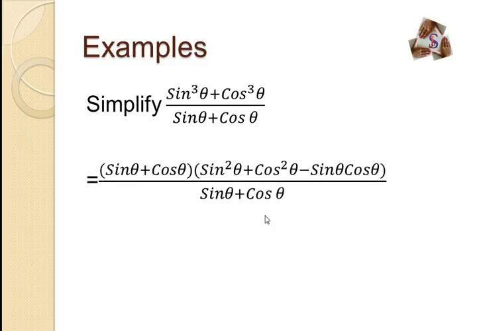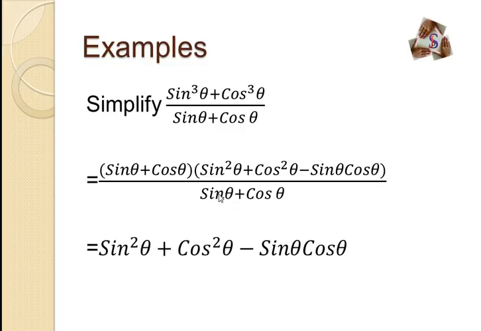The first thing that I do here is apply the formula for a cube plus b cube, which is equal to a plus b into a square plus b square minus ab. So sin cube theta plus cos cube theta is sin theta plus cos theta into sin square theta plus cos square theta minus sin theta cos theta, whole divided by sin theta plus cos theta.